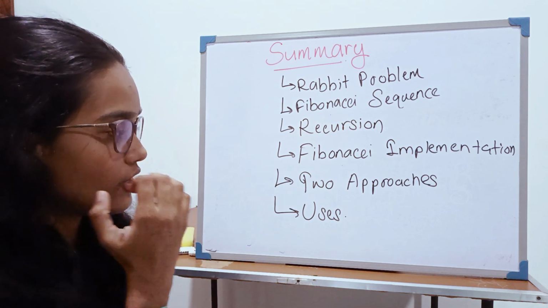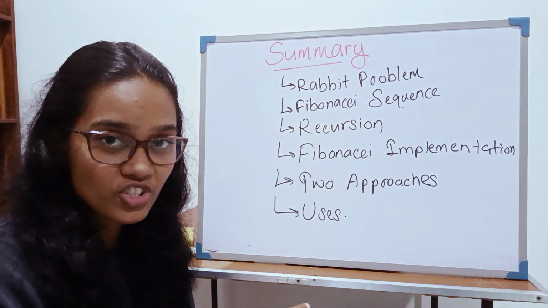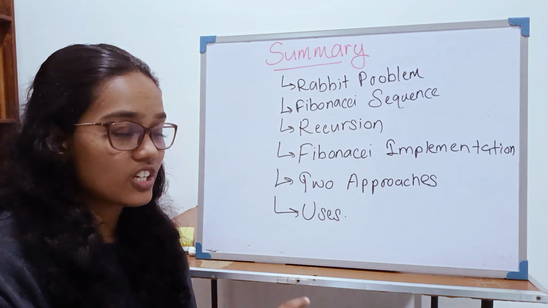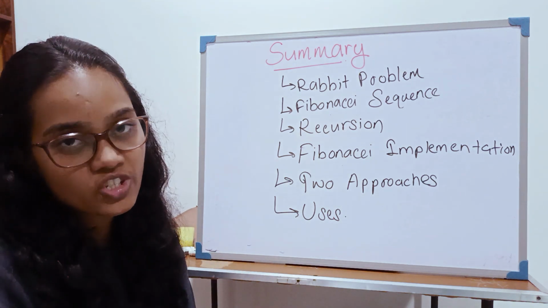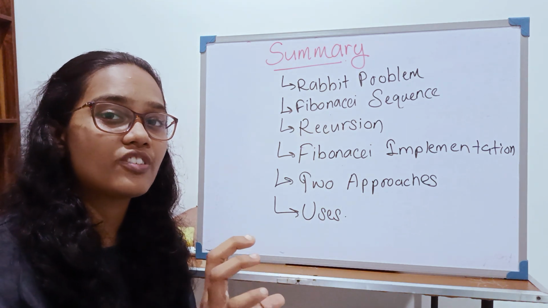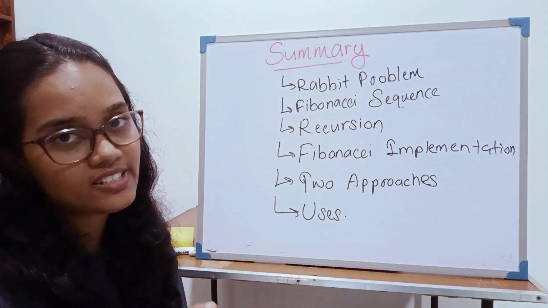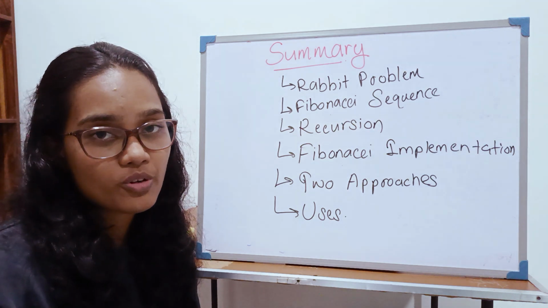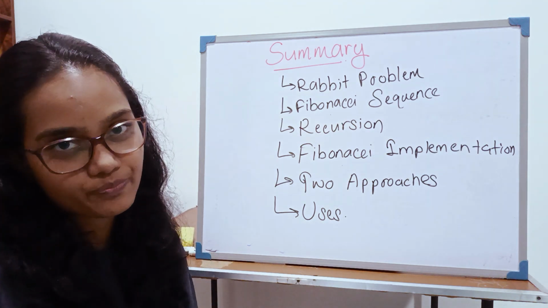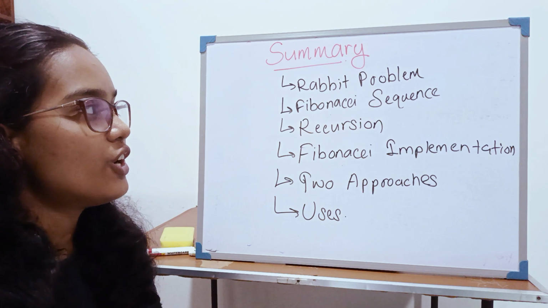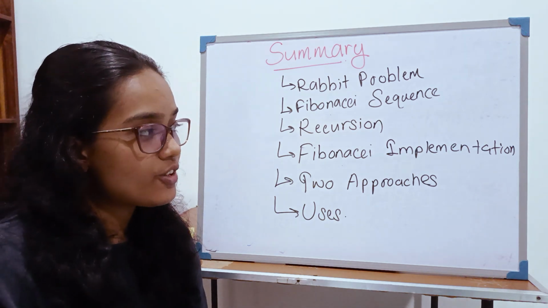And then we talked about the two approaches, the recursive approach and the iterative approach, and we discussed the differences between them. And finally, we discussed the uses of the Fibonacci sequence in real life. So that's what we discussed today in this video.